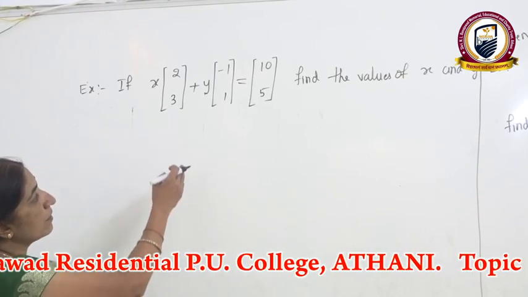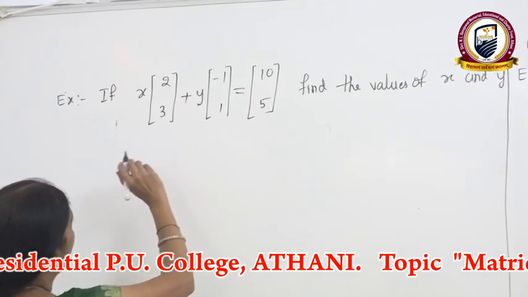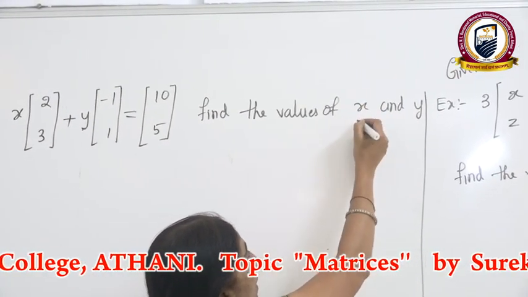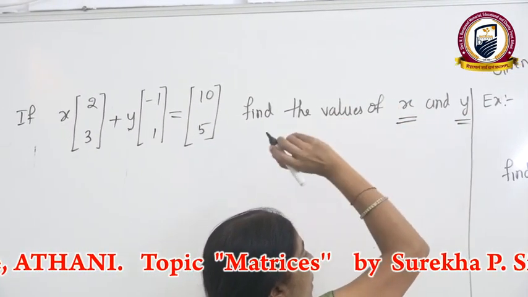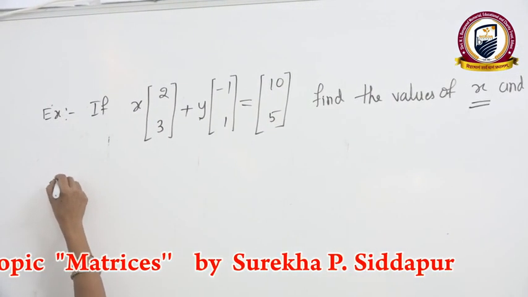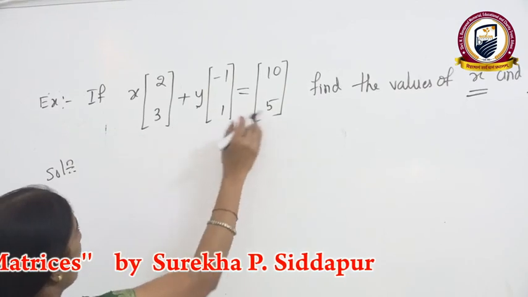Coming to the next example related to the same category. So here again the question is: find the values of x and y. See that x and y, what you are observing, they are the elements of the matrix. So when you are solving, rewrite the equation as it is.